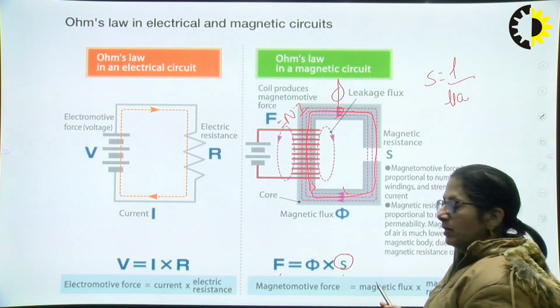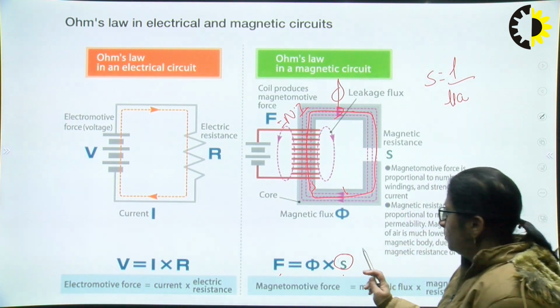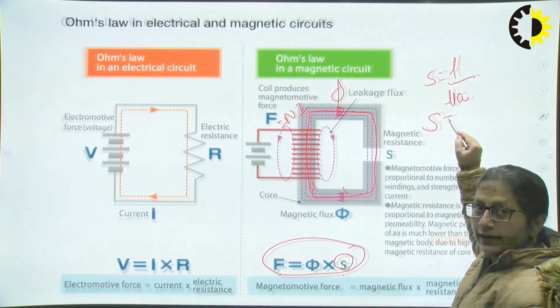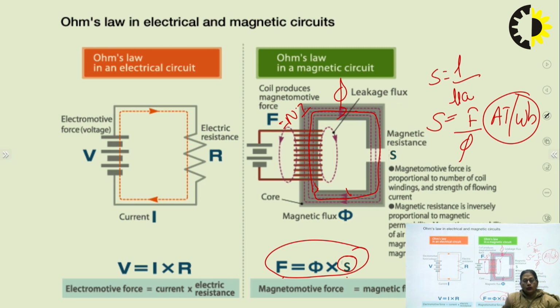From this, I may derive reluctance as F upon flux. F, the magnetomotive force, has the unit of ampere turn, and flux has the unit of Weber. That's why reluctance has the unit of ampere turn per Weber.